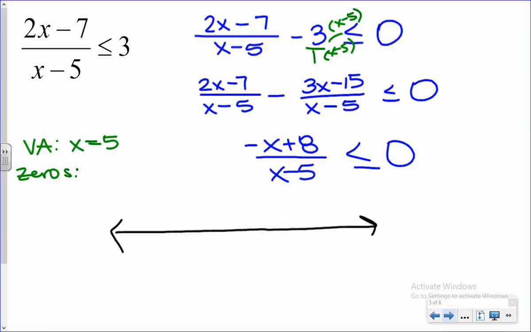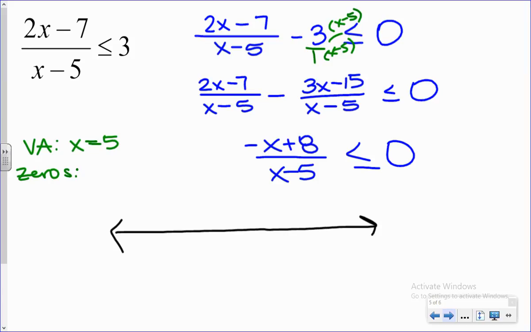What gives us our zeros? What do we look at to find zeros or x-intercepts? Okay. Well, we said it equal to 0. Okay, we set it equal to 0. And if we set it equal to 0 and multiply the denominator over, anything times 0 is 0, right?